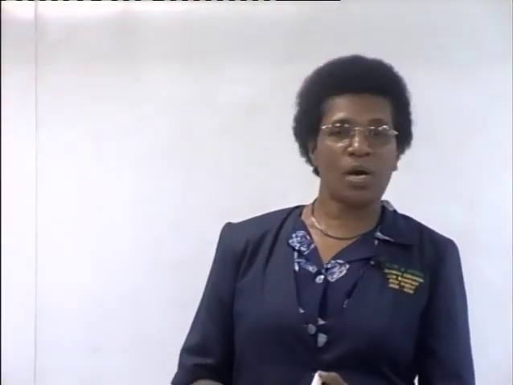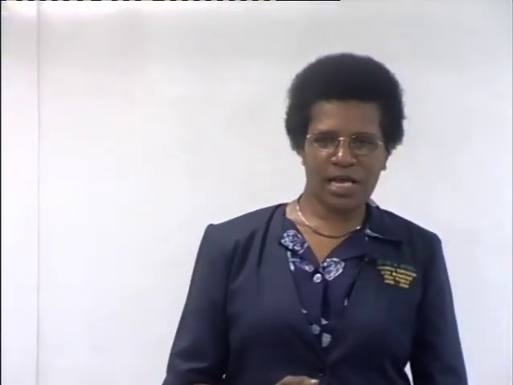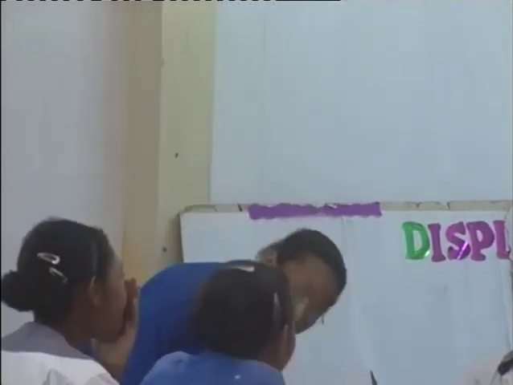Now, you were given homework, and homework was for you to find out what sketch mapping is, and also what scale drawing is. Anybody who would like to share with us what you have? Jennifer? Sketch mapping is a roughly drawn map with few details. Good, thank you.